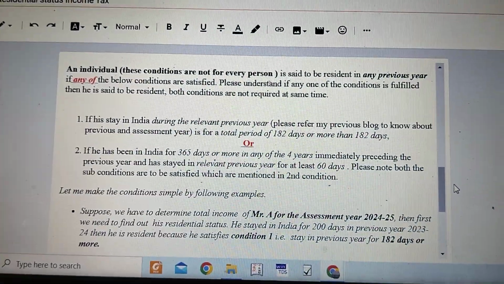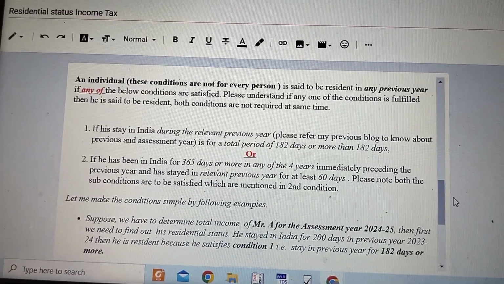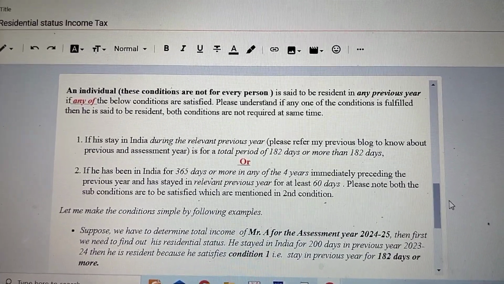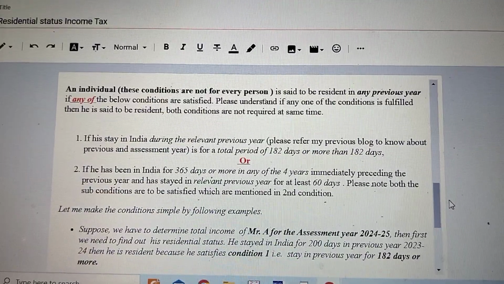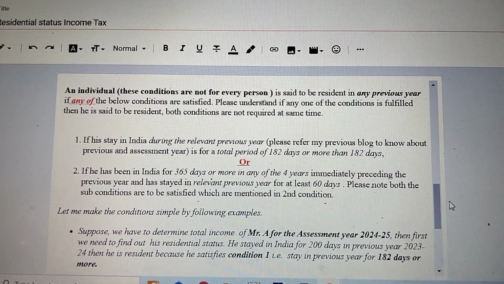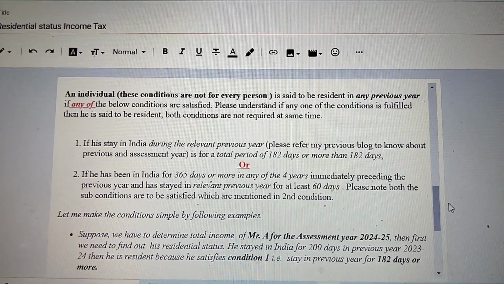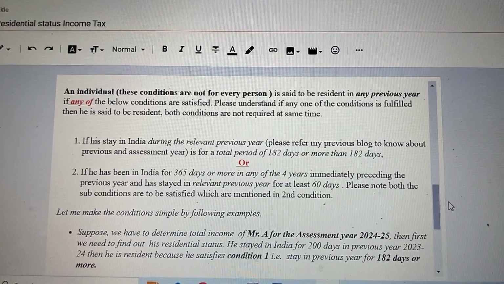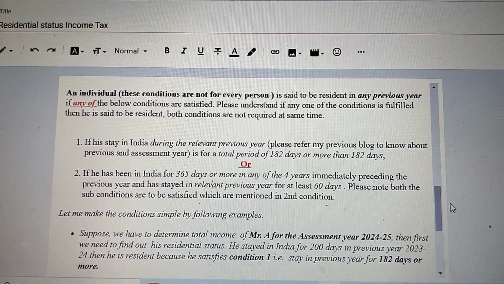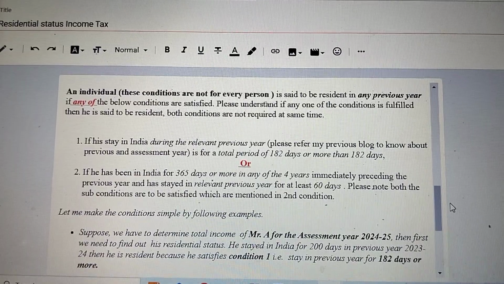So income tax has given these two criteria for determining the residential status of an individual. An individual is said to be a resident in any previous year.